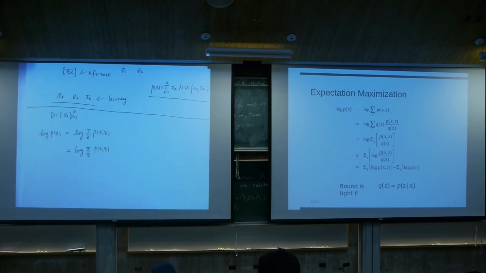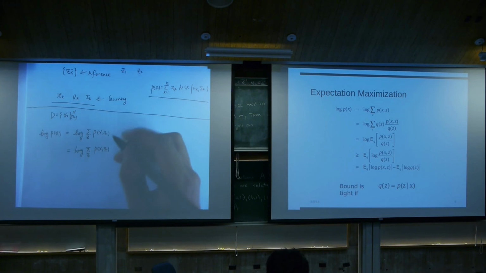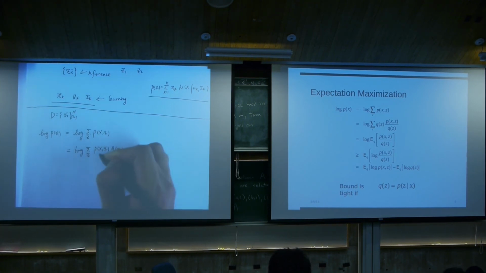So here comes this important trick. We multiply by something, q(z), and then divide by it. The equality still holds, right? It doesn't change anything. We multiply by something and divide by it. It must not be zero, right? Yeah, we assume that.